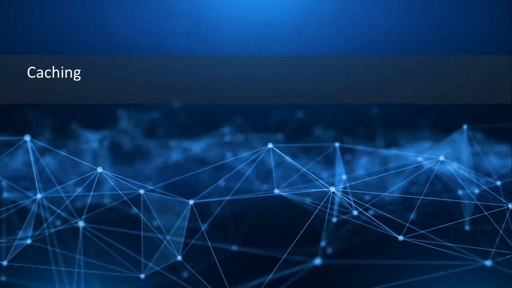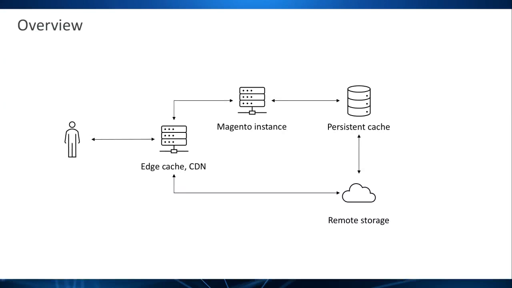The caching is actually a very interesting topic. With remote storages, there are a few types of caching. One cache is the image itself, the binary file. Another type of caching is the metadata of this file.